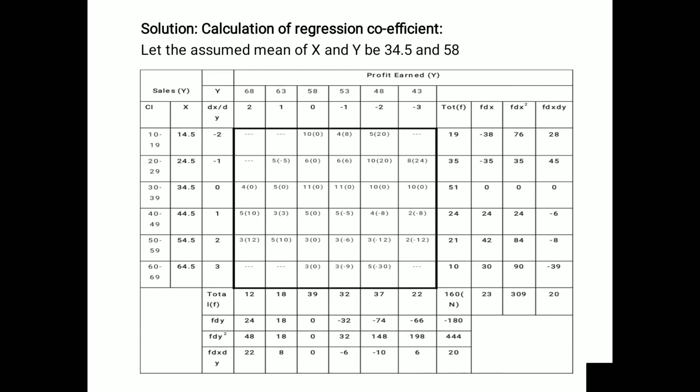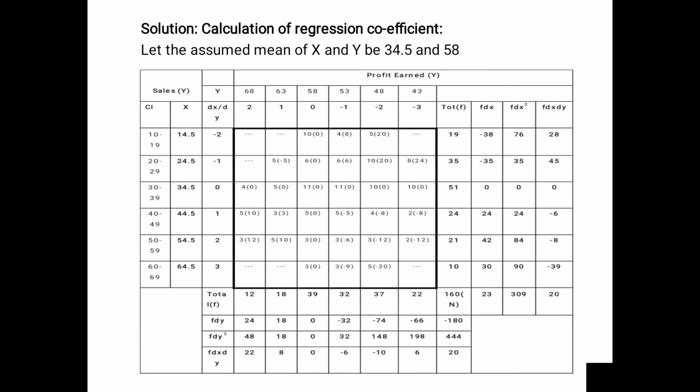In the same way we should be calculating all the row values of fdx and we will obtain sigma fdx. The next column, sigma fdx square, is obtained by multiplying fdx by the value of dx, and not by squaring fdx. So fdx square refers to frequency into dx into dx, or fdx into dx value.